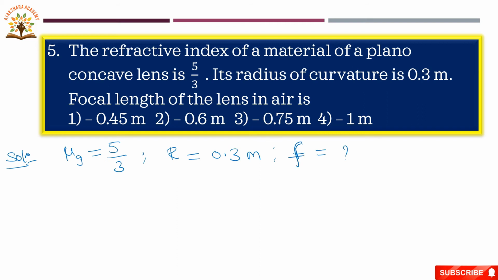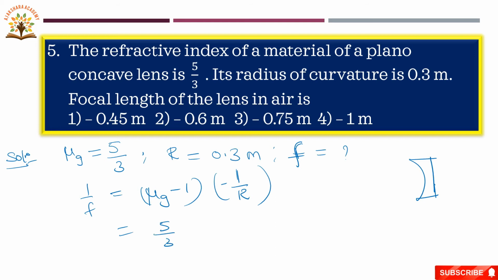So 1 by f is equal to (mu g minus 1) of minus 1 by r. This is a plano concave lens. So substituting values, 1 by f is equal to (5 by 3 minus 1) into minus 1 by 0.3.